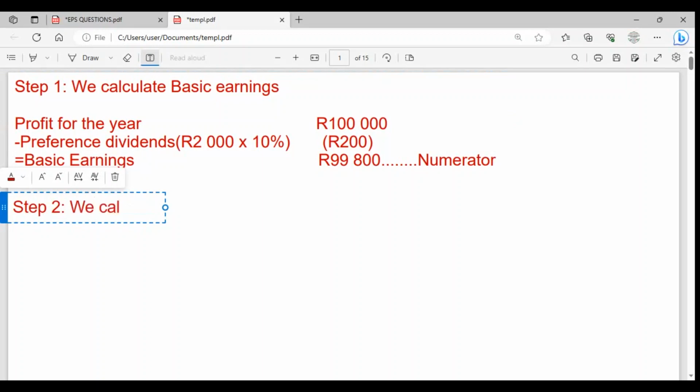We calculate basic WANOS. WANOS stands for weighted average number of ordinary shares.